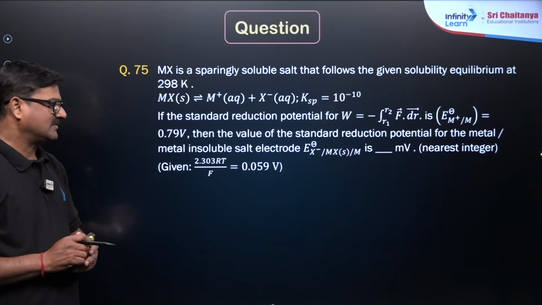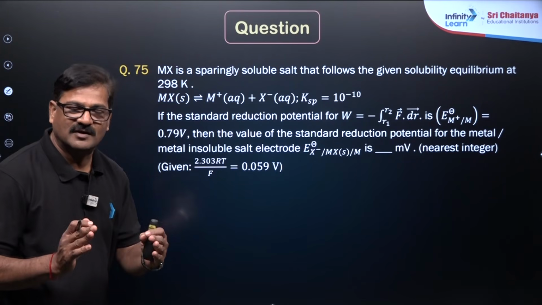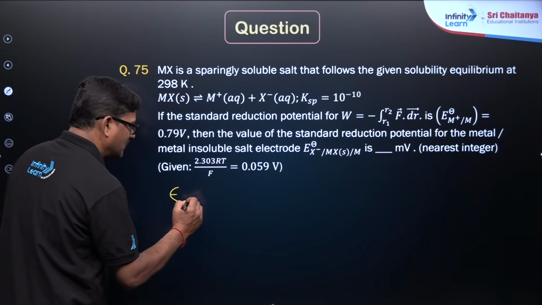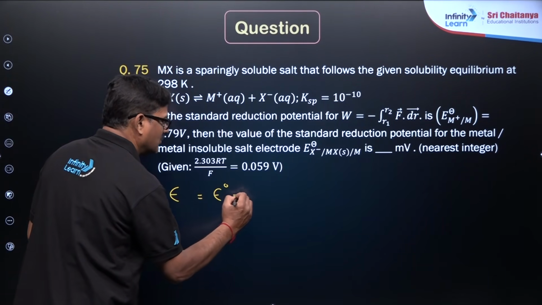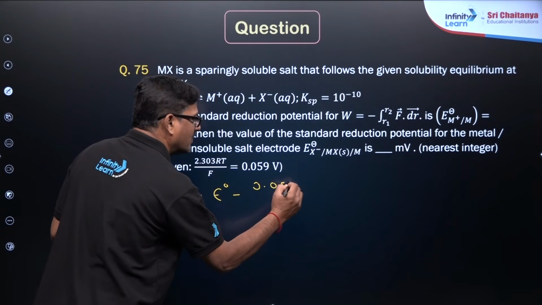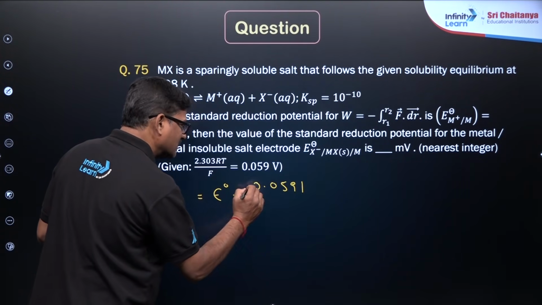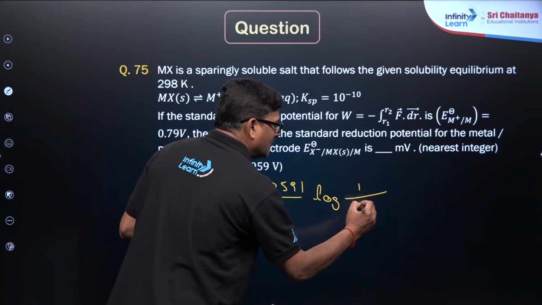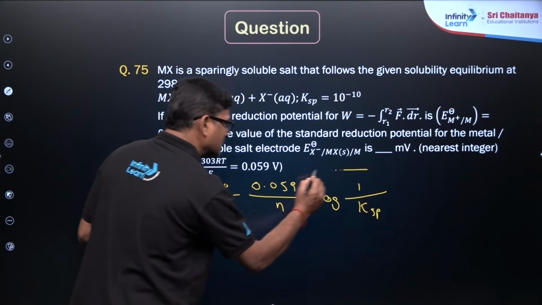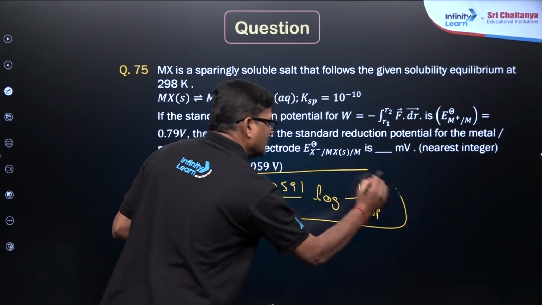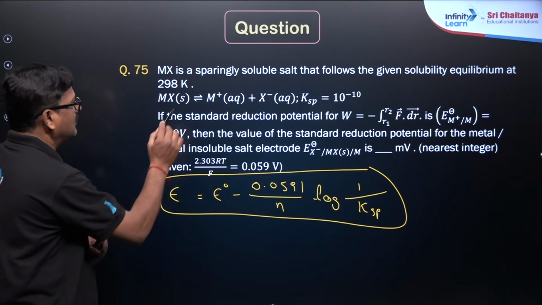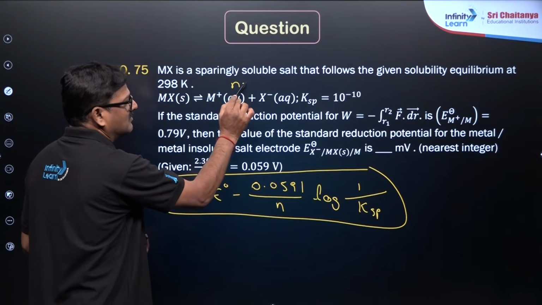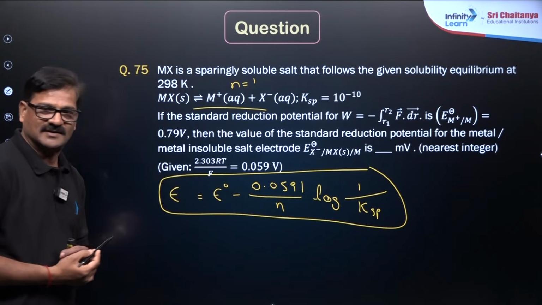So if it is silver chloride and silver, the EMF is going to be E° minus 0.0591 by n, log 1 by Ksp, which is the simplest formula that you can use. So let us use it for MX giving rise to M plus and X minus, and by looking at that equation we can find the n value.